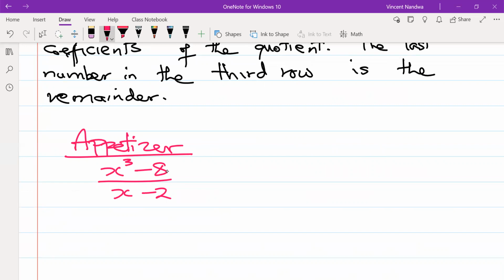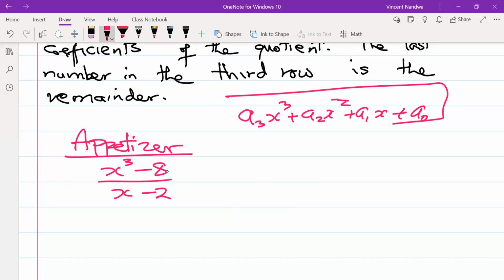So when you have a polynomial of degree 3, you expect it to be of this form: a3 x power 3, a2 x power 2, a1 x, and then a0. This is the general structure of a polynomial of degree 3. So what is a3 in our case?